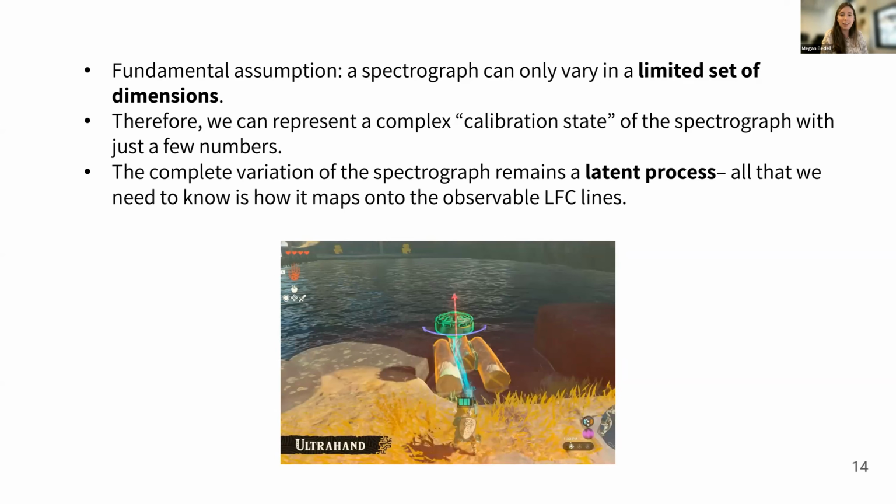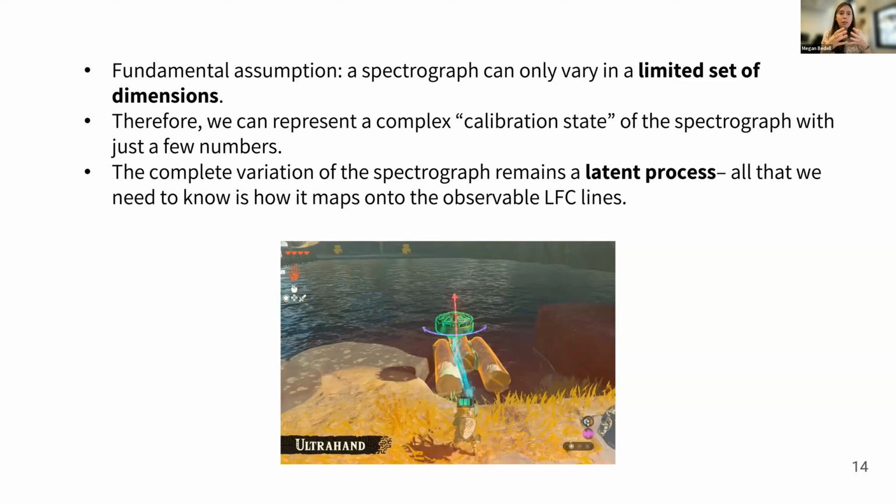In the metaphor here, the spectrograph is residing in some kind of complex calibration state, but we can find a few vectors onto which we can rotate or move the spectrograph to represent any possible calibration position at the given time. And critically here, we don't need to have a full forward model to solve absolutely everything that can change in the spectrograph.